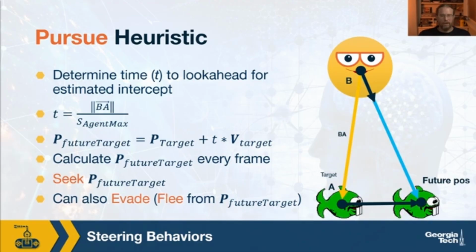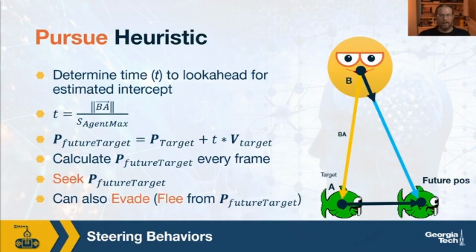And so the way we'll do this is we'll take the length of that position vector, or the distance, and divide it by the agent's maximum speed. That tells us how much time it would take to get there, approximately. Then we're going to plug that approximate amount of time into an equation of motion for our target that's just assuming constant velocity.